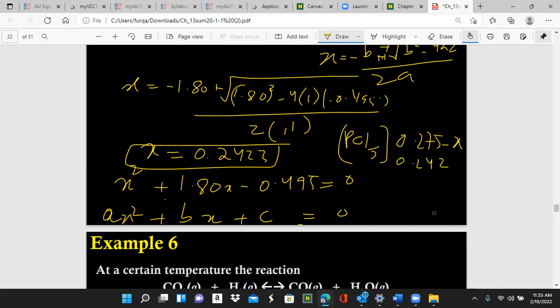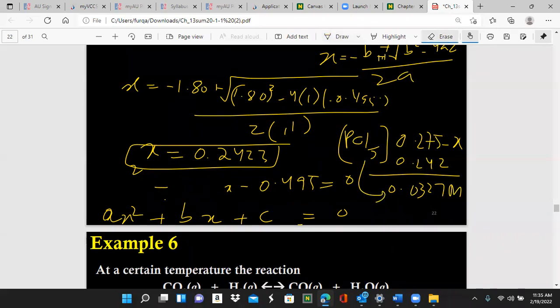That turns out to be 0.0327 molar concentration for PCl5. And because of the value of x, the concentrations of PCl3 and Cl2 are going to be this.